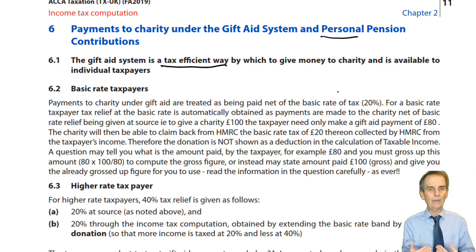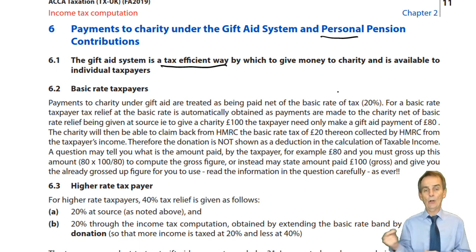But if we go through the gift aid system, what happens is I give them the £80, I state that I am a basic rate taxpayer and I am willing to make this payment under the gift aid system. What that then allows to happen is the charity take my £80 that I personally have gifted to them, and they're then able, with that gift aid statement, to go to Her Majesty's Revenue and Customs and say, right, this individual has given us £80, they are a basic rate taxpayer. Therefore, they had £100 of income and they gave us their net £80.